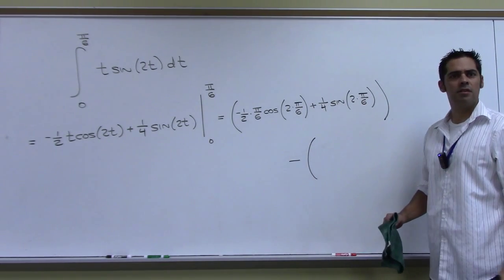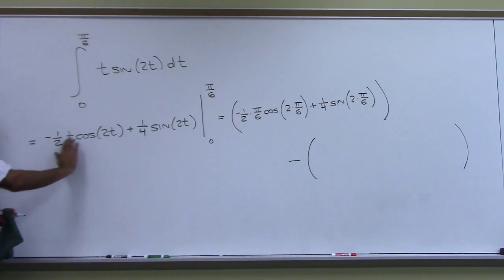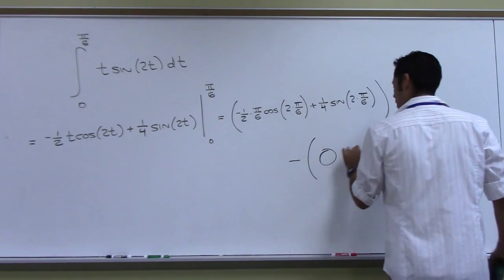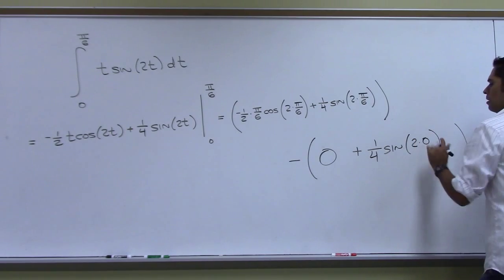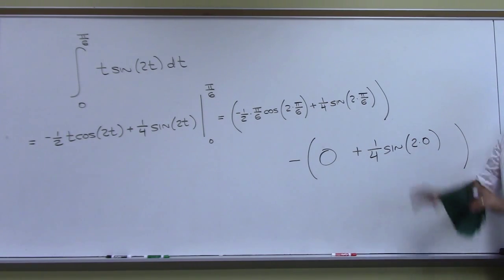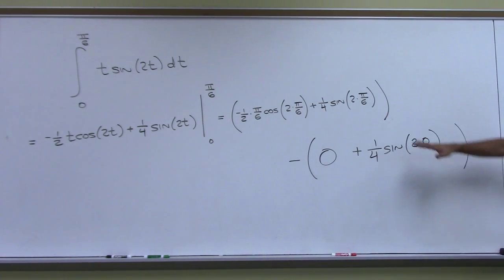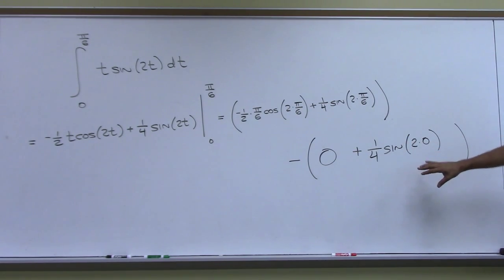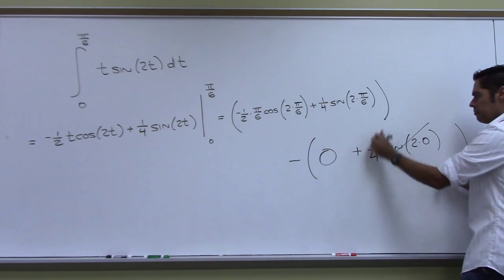I think this 0 is a little easier to plug in, right? What do I get when I plug in 0 here? 0. It's all gone, right? Because that 0 right there, that's all gone. So I've got 0 plus 1/4 sine of 2 times 0, which is going to be 0 also, but this one was a little more obvious. Are we good or not? Any questions on where any of that came from? Is everyone happy with the fact that this is 0? Sine of 0, 0, gone? Okay.